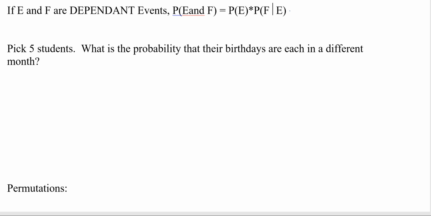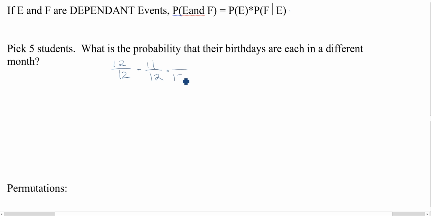So let's say I pick 5 students. What's the probability that their birthdays are each in a different month? Well, for the first student, there are 12 months, and their birthday can be in any of them. The second student, there are 12 months, but given the first one has their birthday in 1 month, there's 11 left.